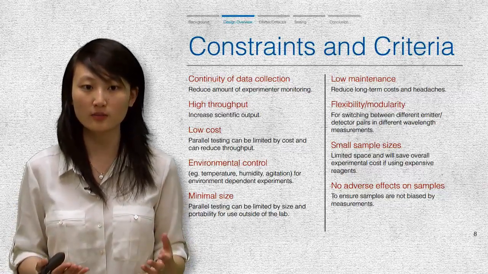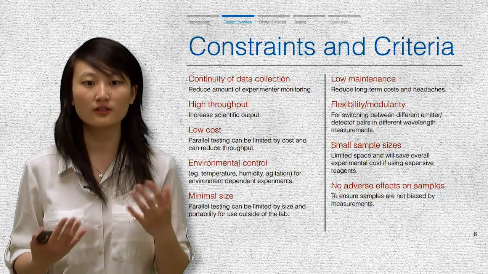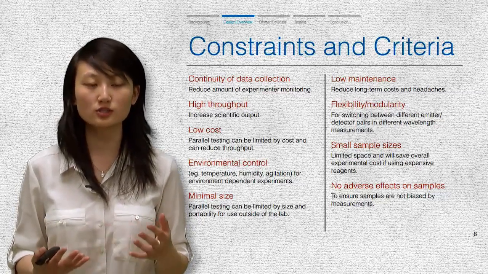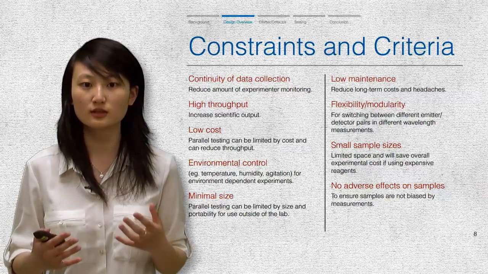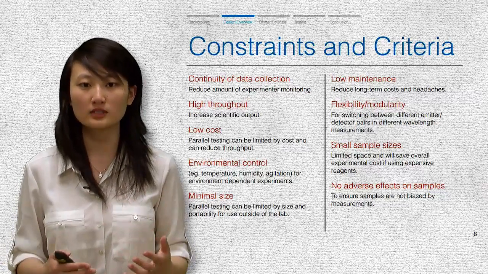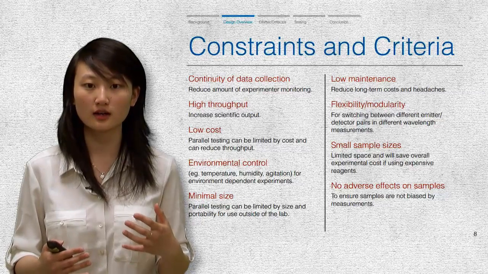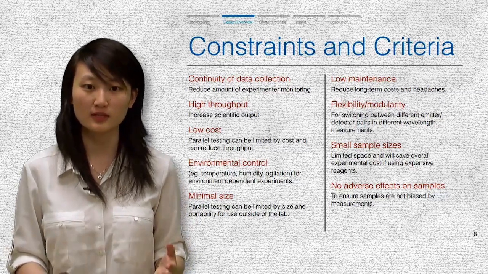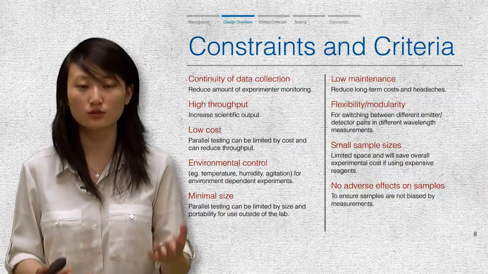We also want the device to be of minimal size, for it to be low maintenance, and for it to be flexible and modular enough that you can switch out the different components if you need different measurements, different wavelengths for different types of experiments, and for easy changing through maintenance.